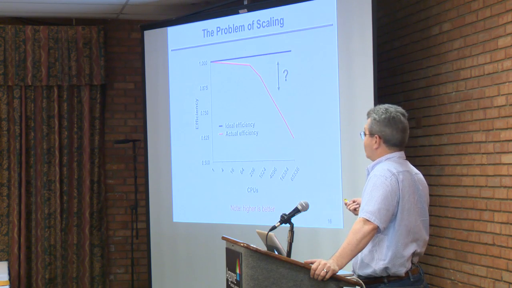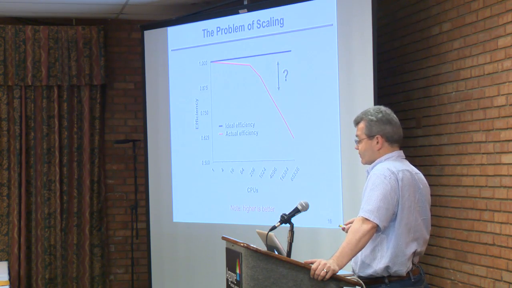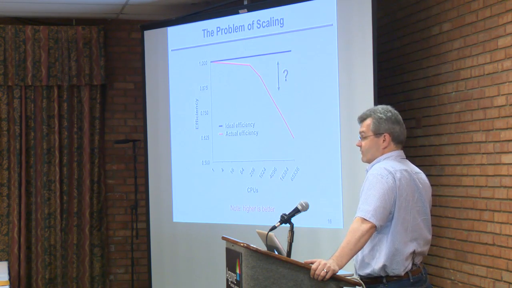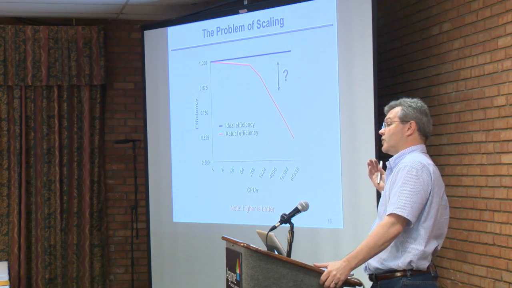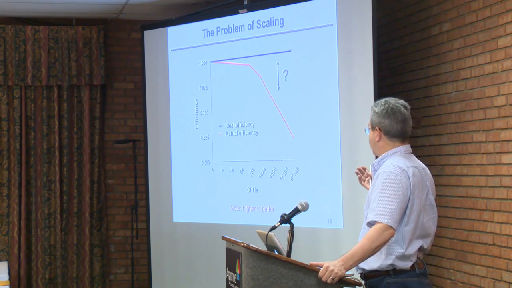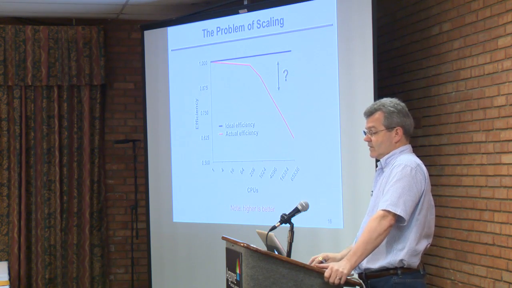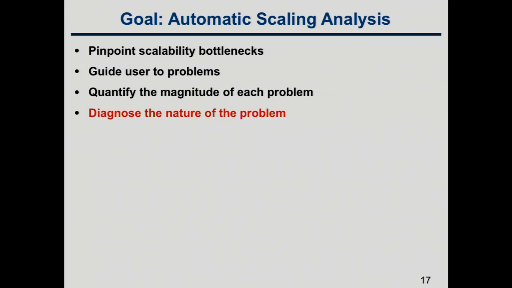But typically with applications the benefit tails off, and what you want to know is what's the difference here. The difference could be I/O, it could be replicated work, and finding out what's in that difference is often mysterious.